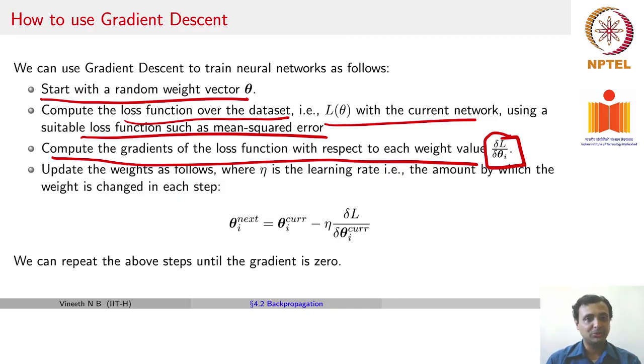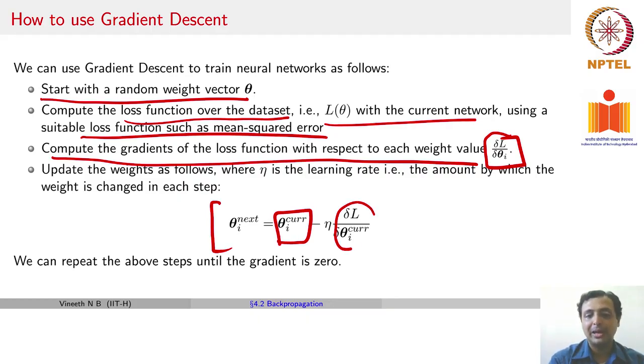So now, based on gradient descent, which is an iterative procedure, you define this actual step to be, given your theta I current, which is one of your weights' current value, you take dou L by dou theta I, which is the partial derivative of the loss with respect to that particular parameter. There are many weights and biases in the neural network. You have to compute the derivative of the loss function with respect to every weight or every bias in the neural network.